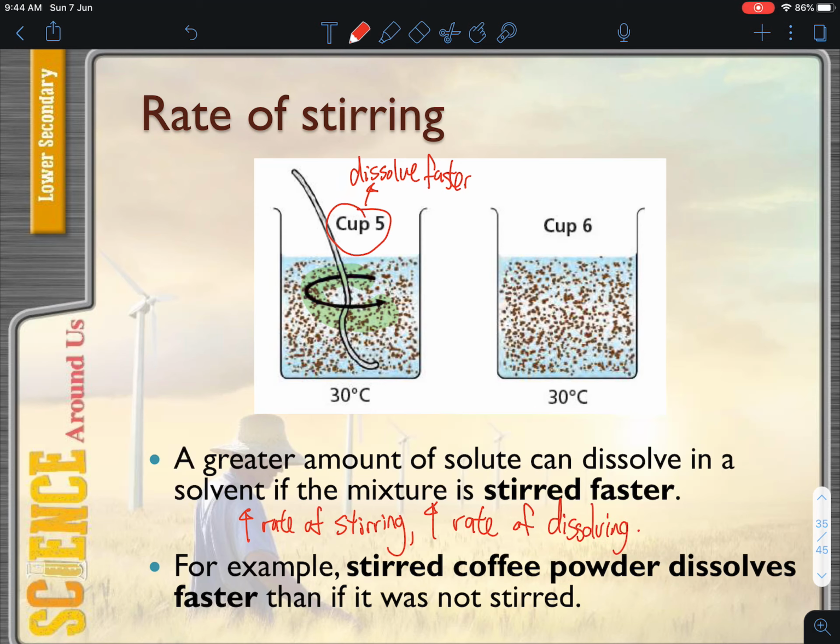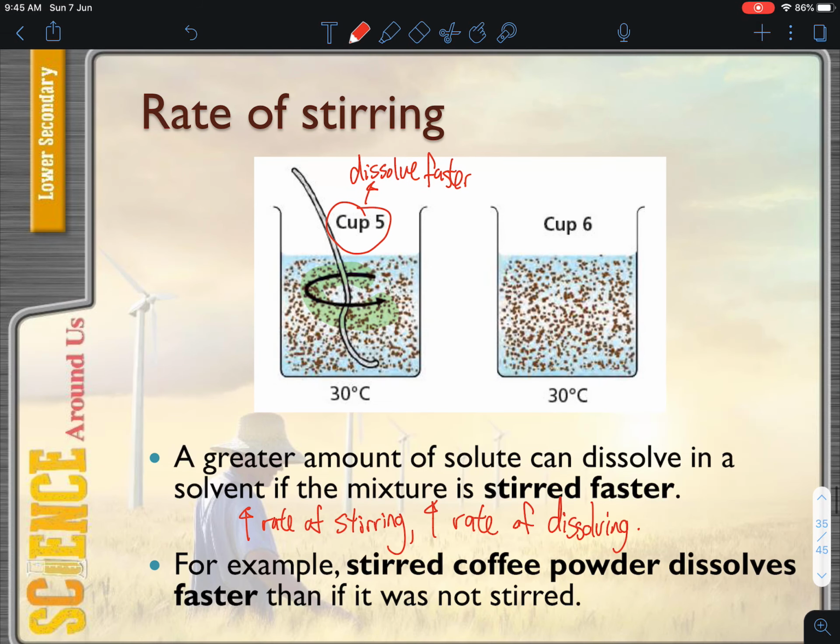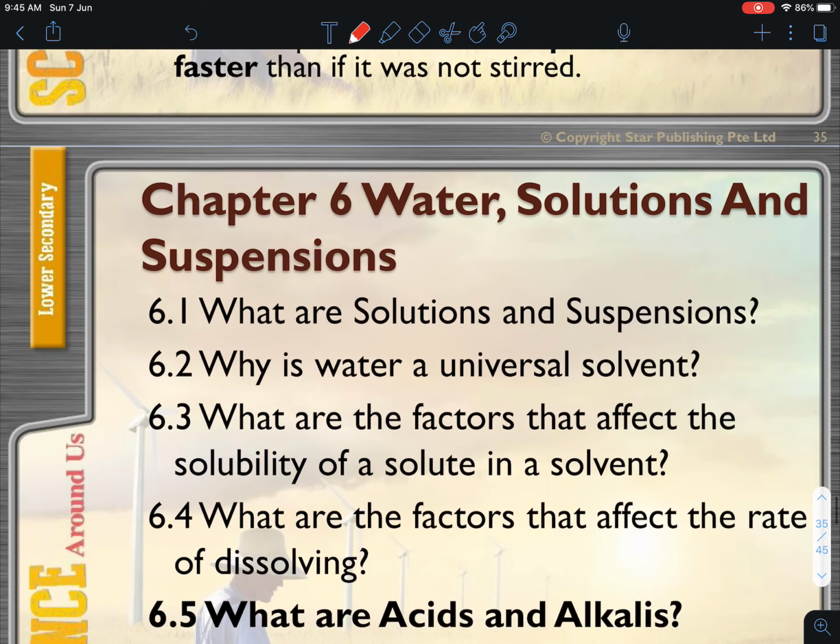The intermediate step is that when you stir it faster, you increase the frequency of effective collision between the solute and the solvent, hence it's able to dissolve a lot faster. But this is not required for your syllabus as of now. You just need to know that an increased rate of stirring will result in an increased rate of dissolving.